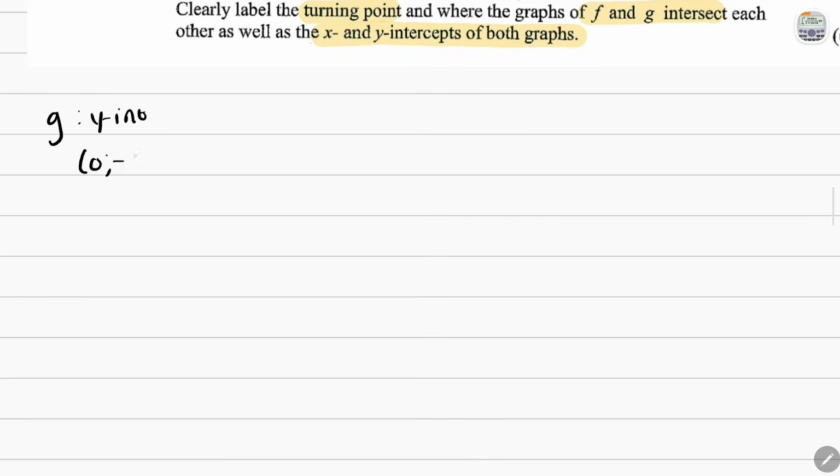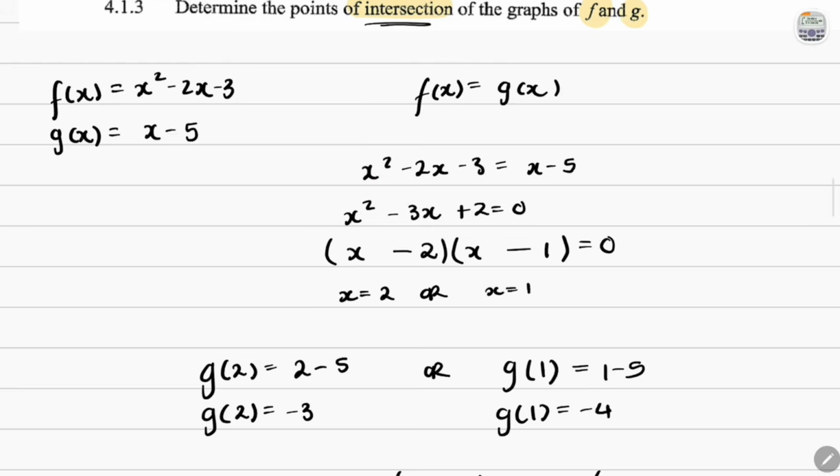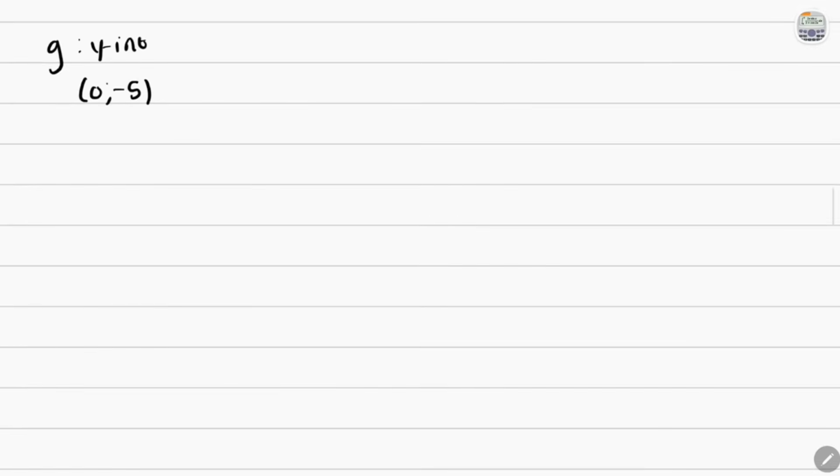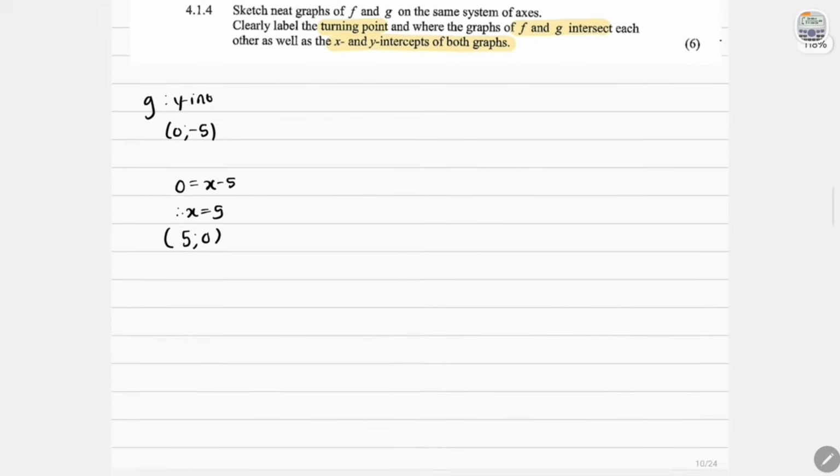So at 0 and negative 5, and where is its x-intercept? Okay, the graph of g, to find its x-intercept, you make y equal to 0. So g of x becomes 0 equals x minus 5. If you transpose that, x is just equal to 5. Okay, x equals positive 5. So the x-intercept is 5 and 0. Okay, it's not the same, but at least we know them now.